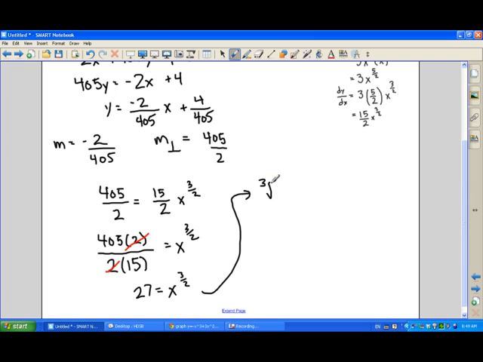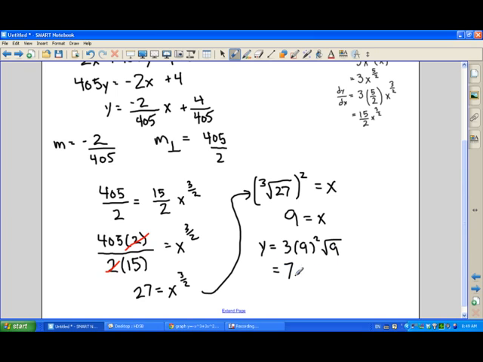Again, the third root of 27 squared will be equal to x. Solving that on my calculator, I get 9 equals x, which I then need to sub into my equation that I started with. So y equals 3 times 9 squared times the square root of 9.